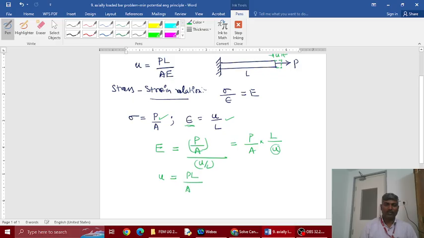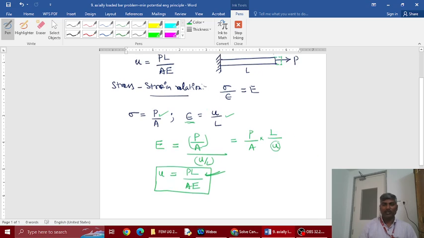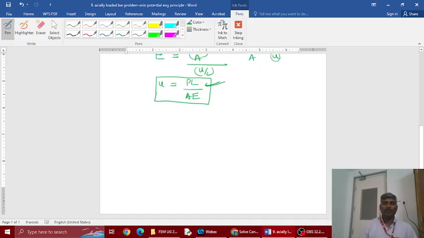So it is PL by AE. This is the deformation formula that you have used for the axially loaded bar case. The same thing you can easily get by applying the minimum potential energy principle also. We will see how it goes.